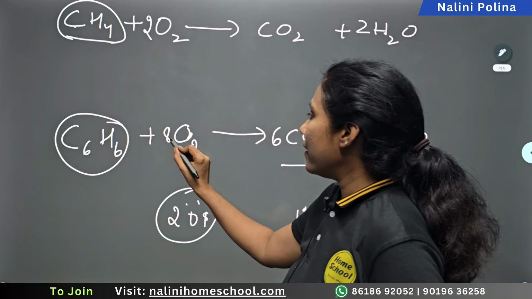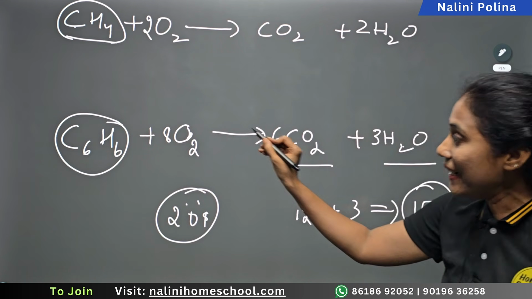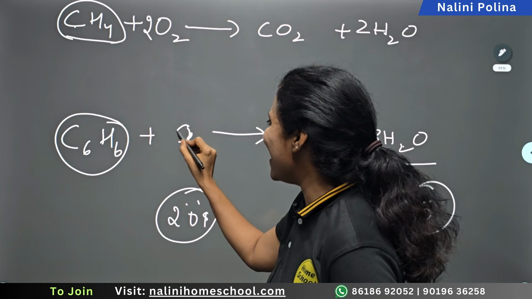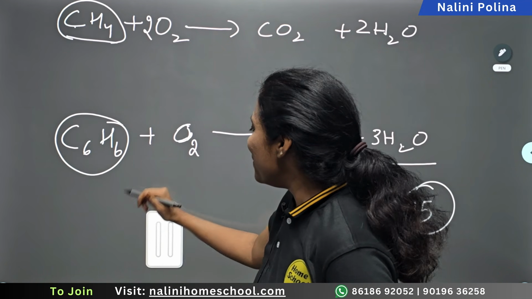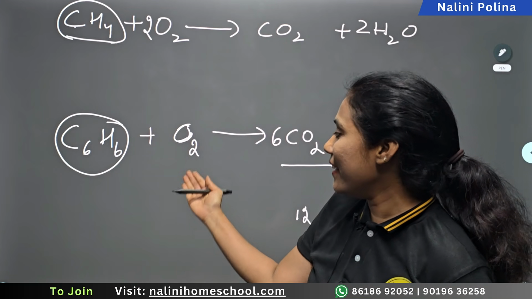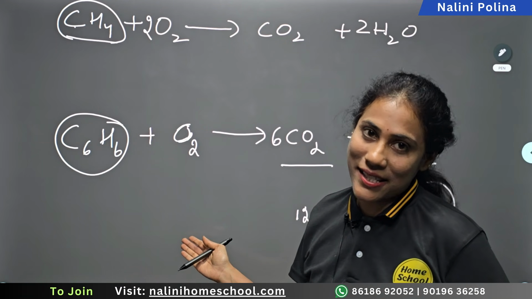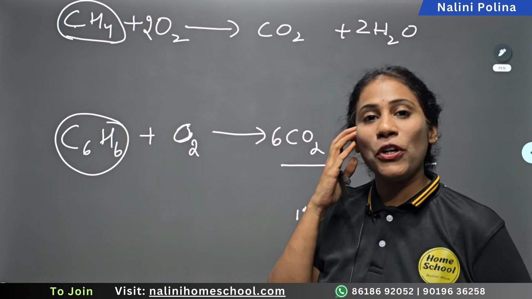What about 8? 8 2s are 16, but you want 15. So no number is working out here. So in that case, what do we do?